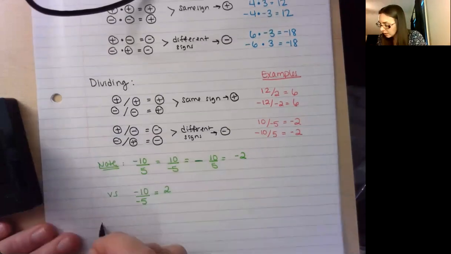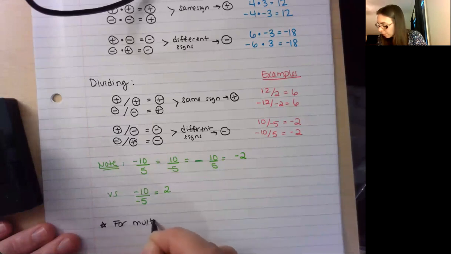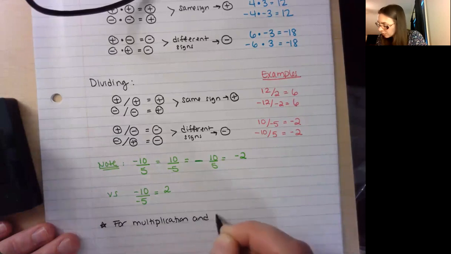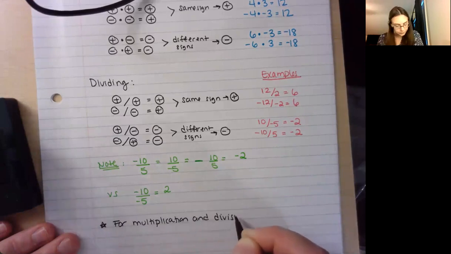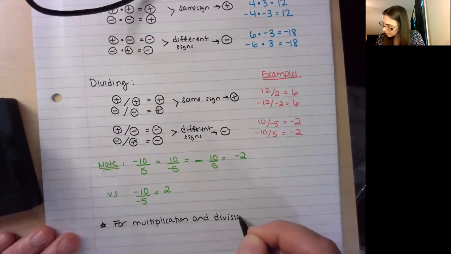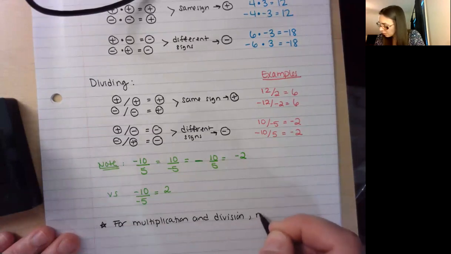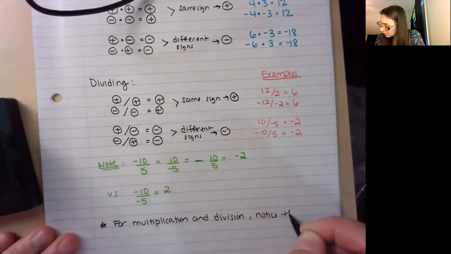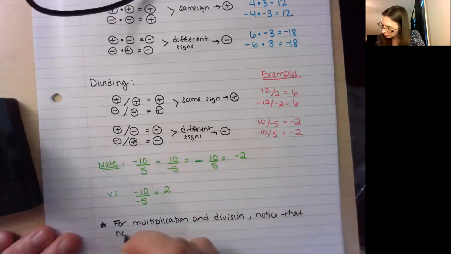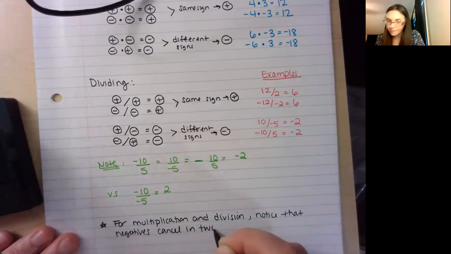And what I like to note here is that for multiplication and division, notice that negatives cancel in twos, right?